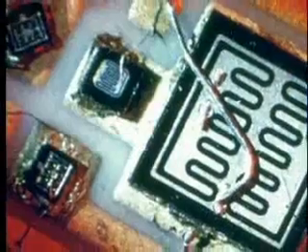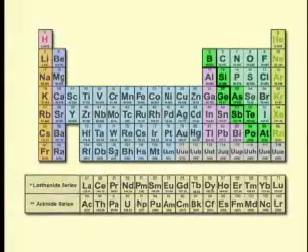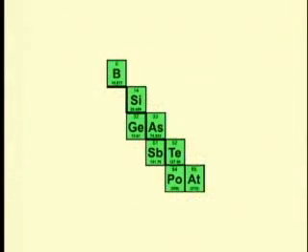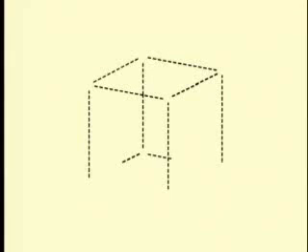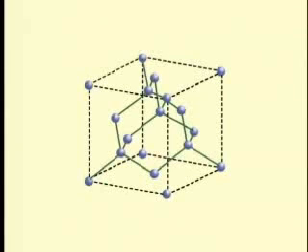And once again, the element's characteristic properties and its potential for utilization are directly tied to the configuration of its electrons. Silicon, like the other elements in column 14 on the periodic table, has 4 valence electrons. This causes silicon atoms to form a crystal lattice structure in which there are no free electrons to move about.